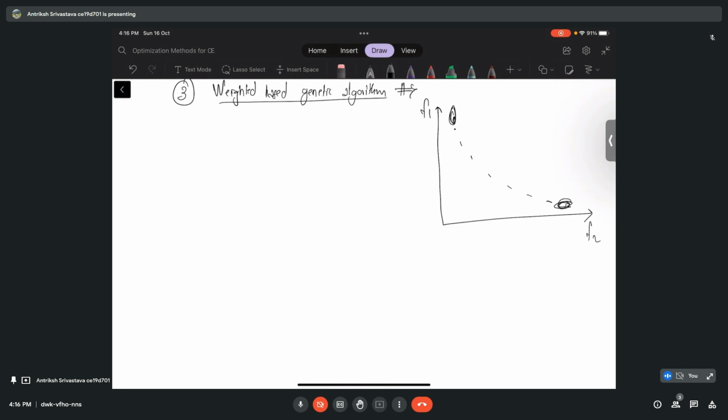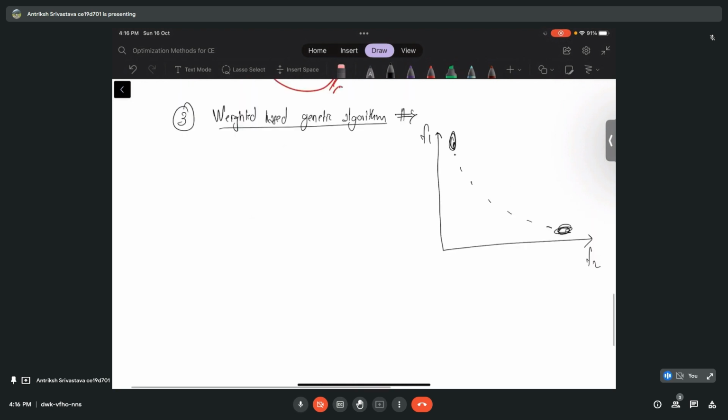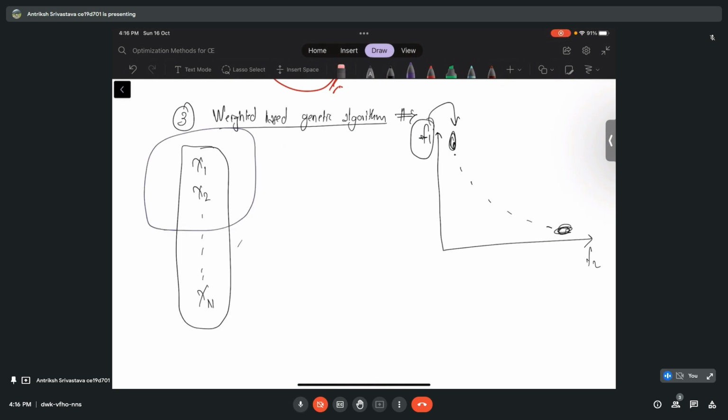So what we can do to fill these points is, we divided the solutions x1, x2 in your generation into two groups, and we gave group 1 to f1 and group 2 to f2, and we got some points here and some points here.